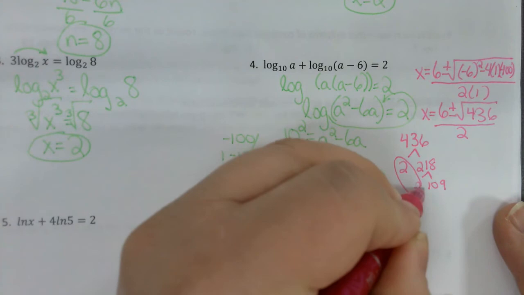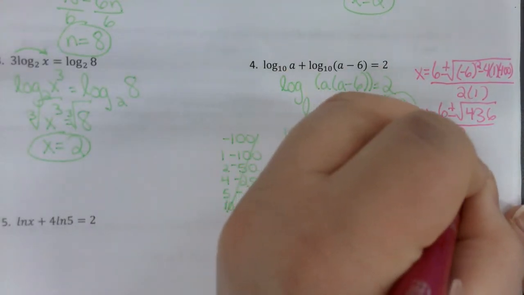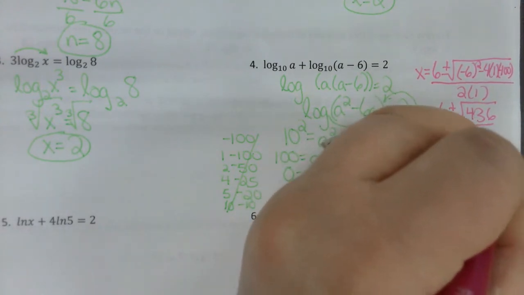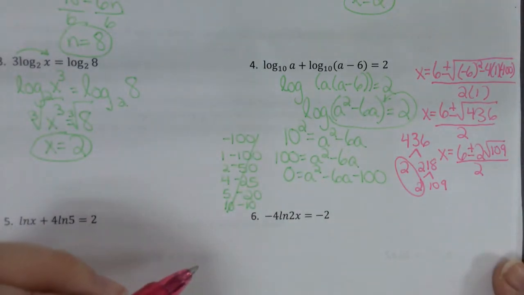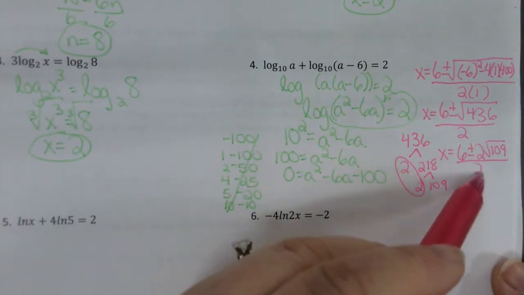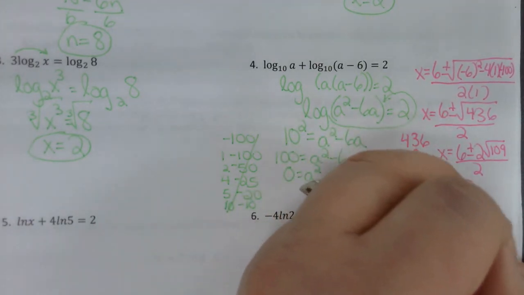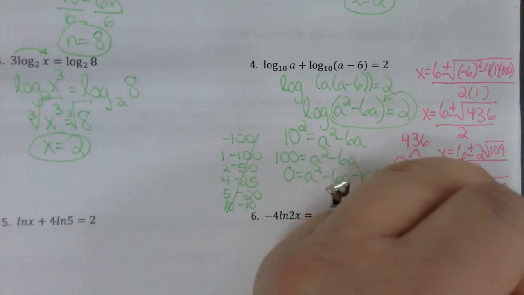So 2 comes out, giving me x equals 6 plus or minus 2 square roots of 109 all over 2. I can reduce, because 2, 2, and 6, I can reduce all of those by 2, leaving me with 3 plus or minus the square root of 109.